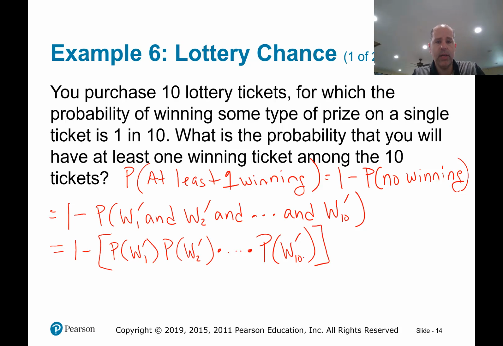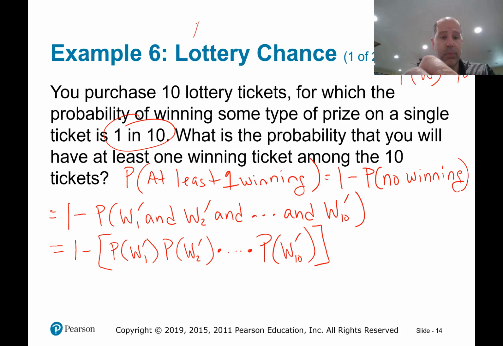Now the question is, what is the probability of any individual ticket being a winning ticket or not being a winning ticket? Well, they tell us the probability of winning because they say it's 1 in 10. So that means the probability of any individual ticket being a winner is 1/10, which means by the complement rule, each ticket is either going to be a winning ticket or not a winning ticket.